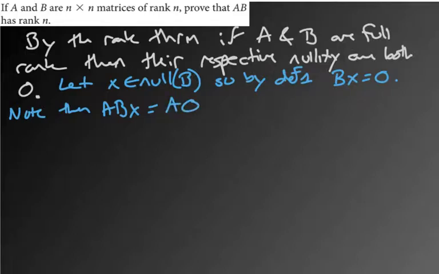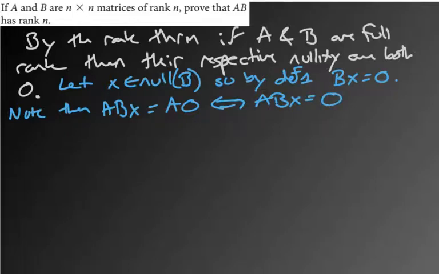Just multiplying by A on the left. This is basically equivalent, right, to ABx equals 0.